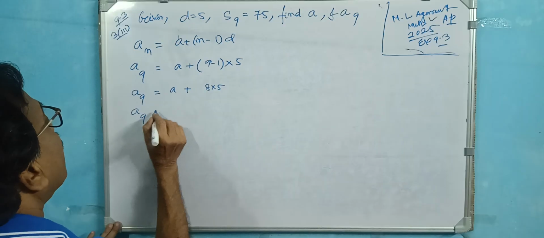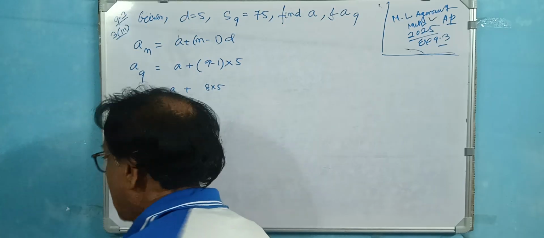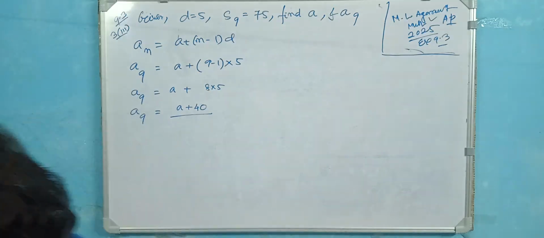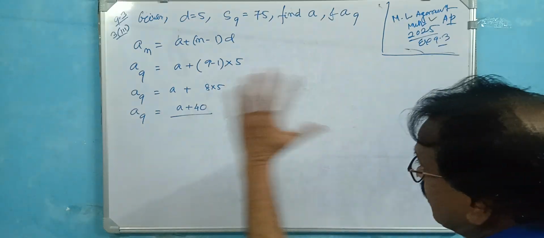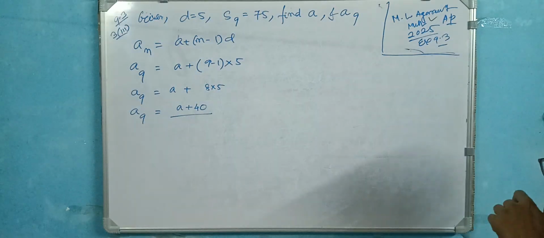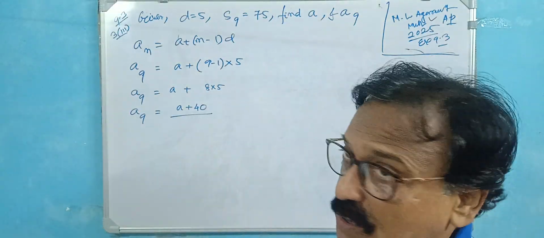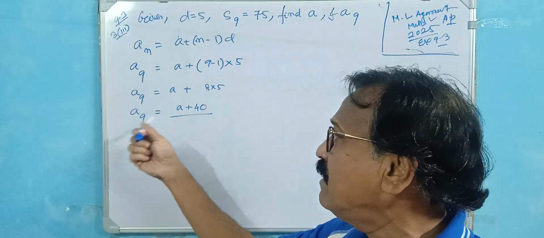That means a9 is a plus 40. That's clear. Actually the value of the ninth term is a plus 40. Now just calculate the value of a, add it, and you get it.